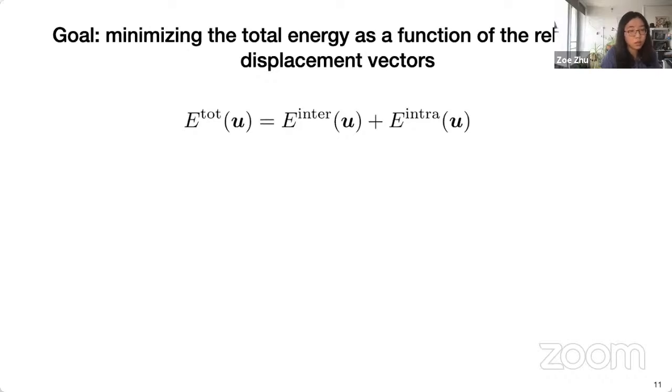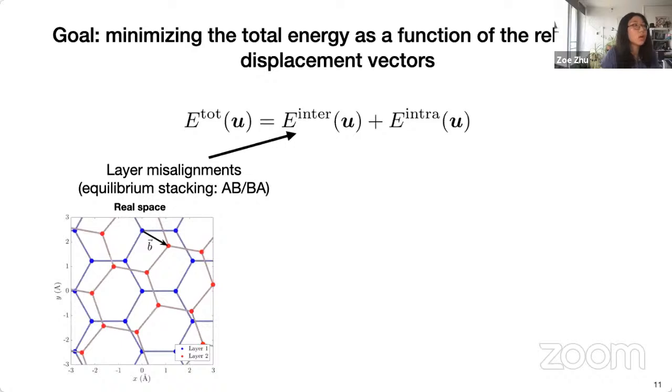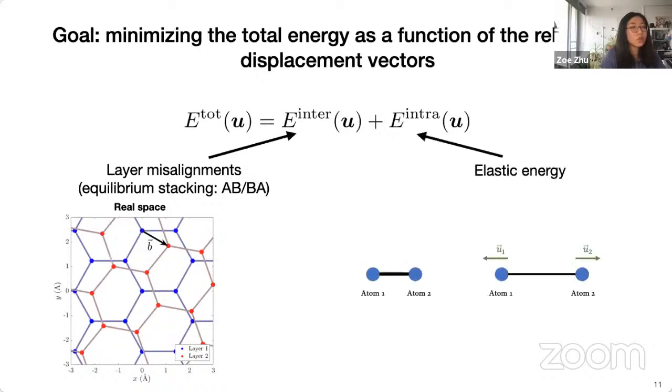The first is the interlayer term, which describes the interaction between layers, and it comes from the layer misalignment. As Professor Kaxiras talked about yesterday, the equilibrium stacking in the system is AB and BA stacking, which means that locally the atoms would want to go to this equilibrium stacking. The second term is the intralayer term, which describes the elastic energy from the surface deformation.